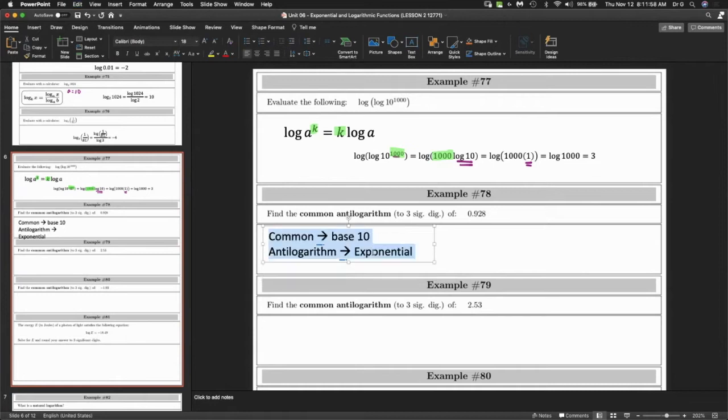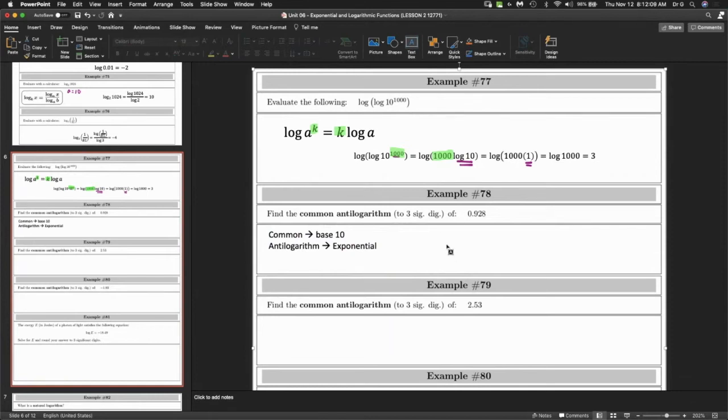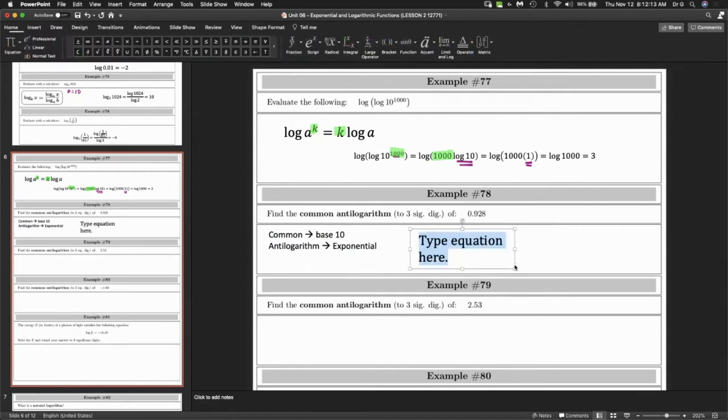Just some terminology, because we're not limited to just base 10. We can use other bases as well. So in other words, here the anti-logarithm would be the exponential with base 10. So this would be 10 to the 0.928.